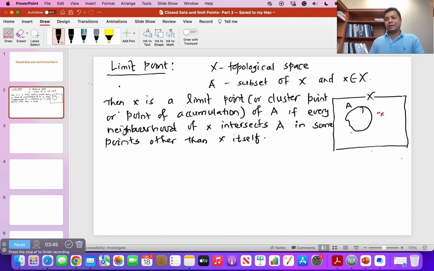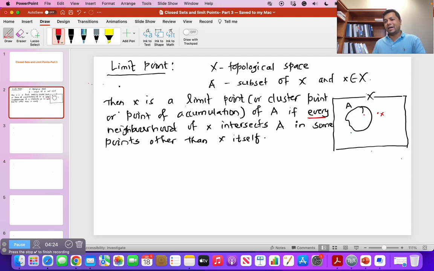So this point x is called the limit point of the set A if every neighborhood of x intersects A. Neighborhood means an open set containing the point x, which you have learned in our previous video. So if every open set containing x intersects this set A in some point other than x.